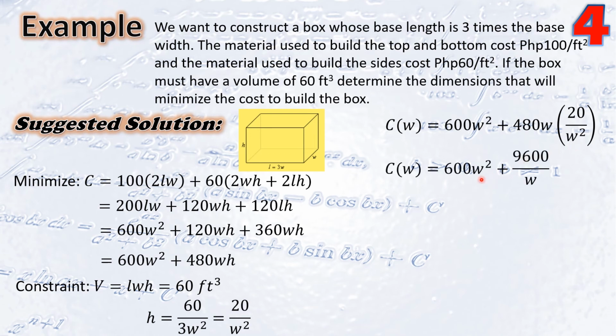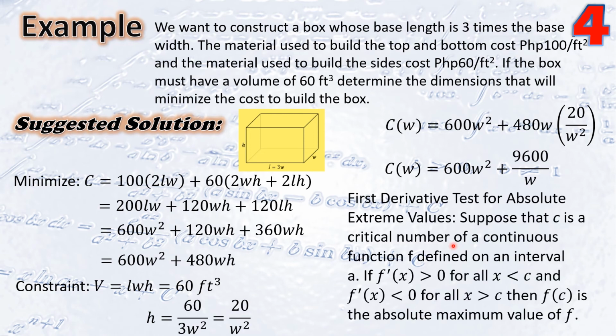Simplifying, we have 600 W squared plus 9600 over W. The domain of this function is from 0 to positive infinity. Hence, we will use the first derivative test for absolute extreme values.